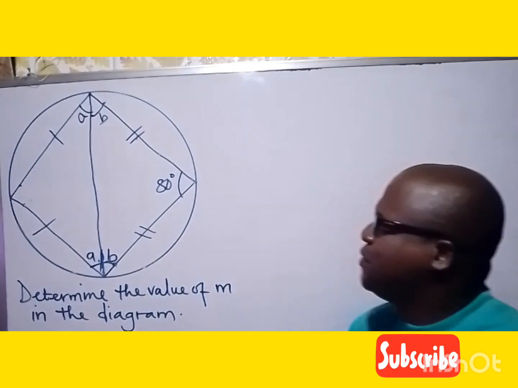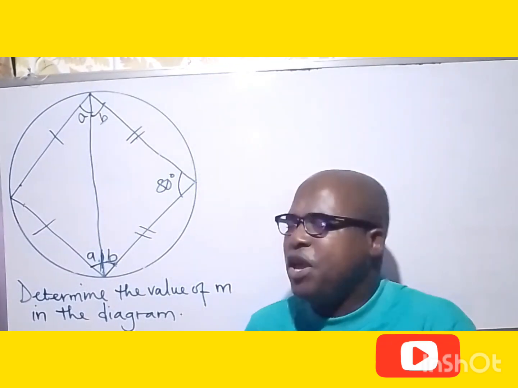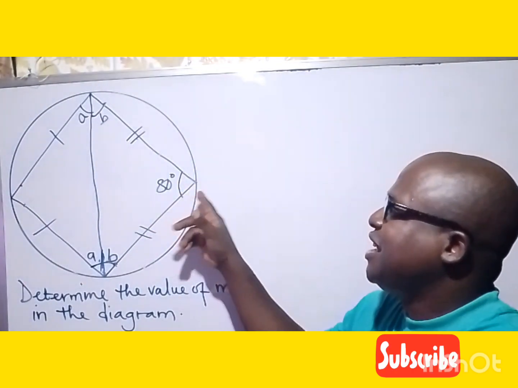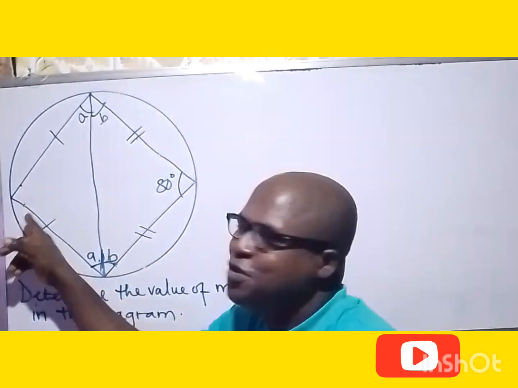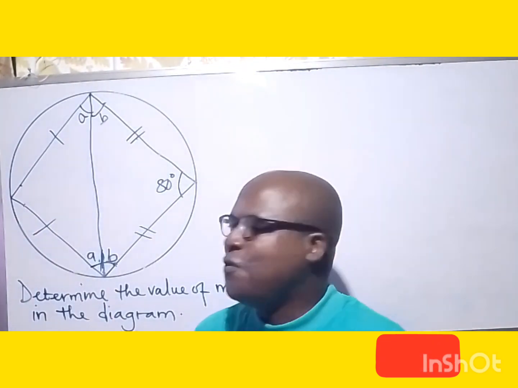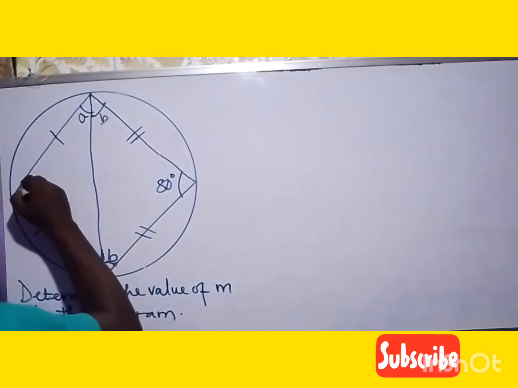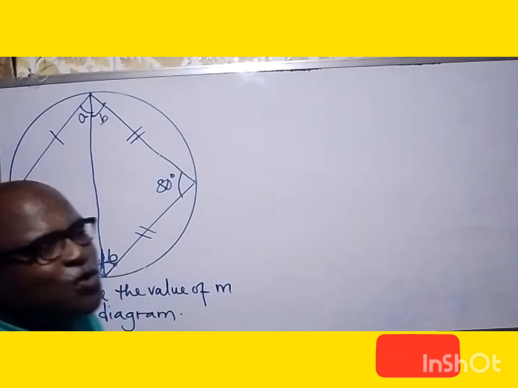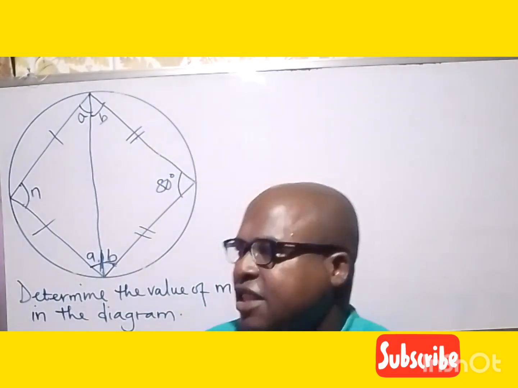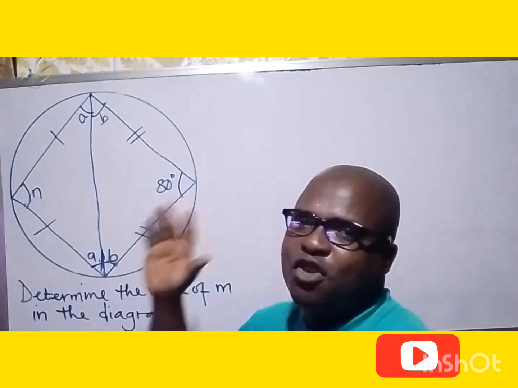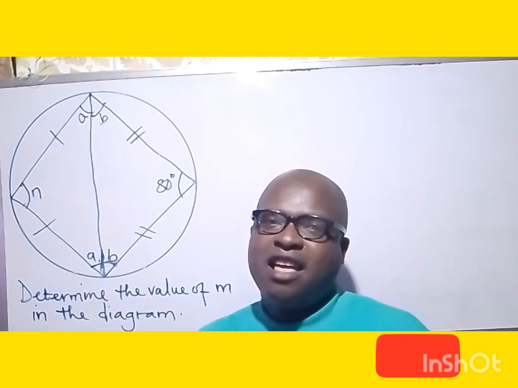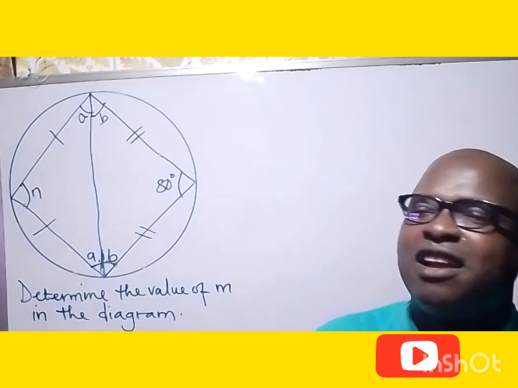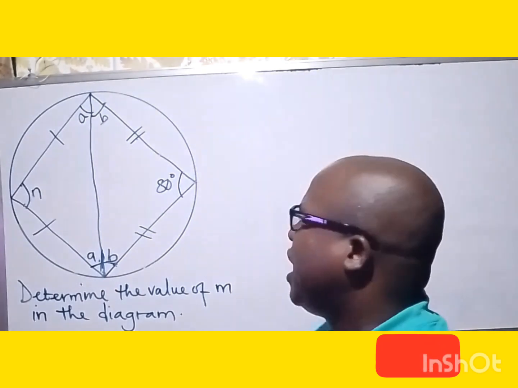Then there is another thing that we have to consider from this drawing too. If this side is 80 degrees, then definitely this side too must also be labeled. So here too I can name this side n, because there is also a theorem that is associated with the opposite sides of a cyclic quadrilateral: the sum of the opposite angles of a cyclic quadrilateral is always equal to 180 degrees.